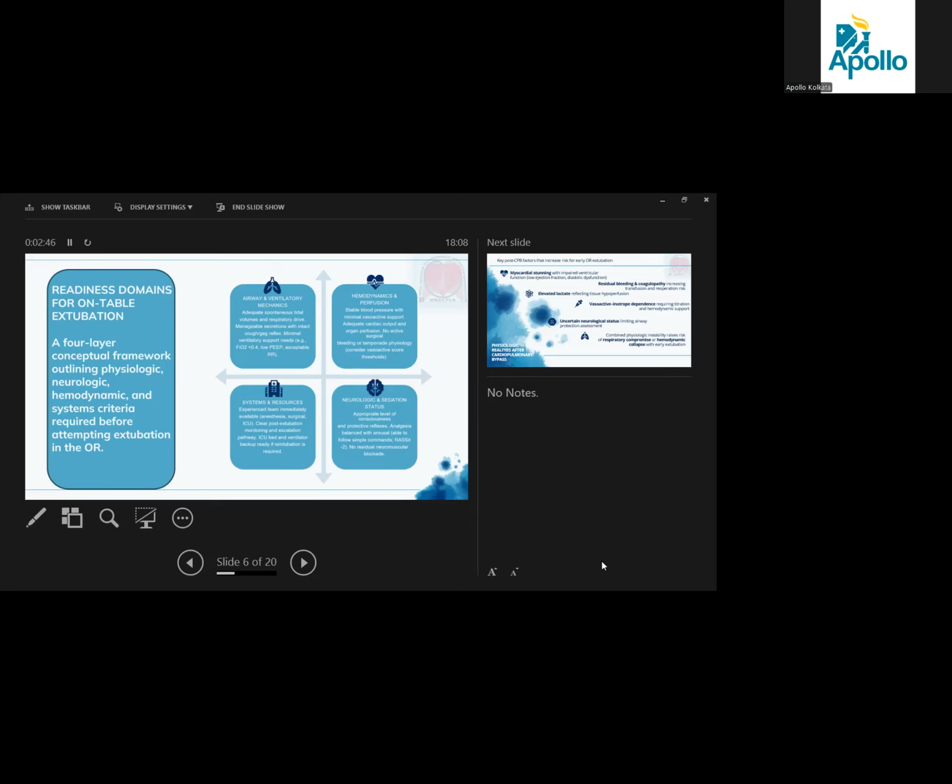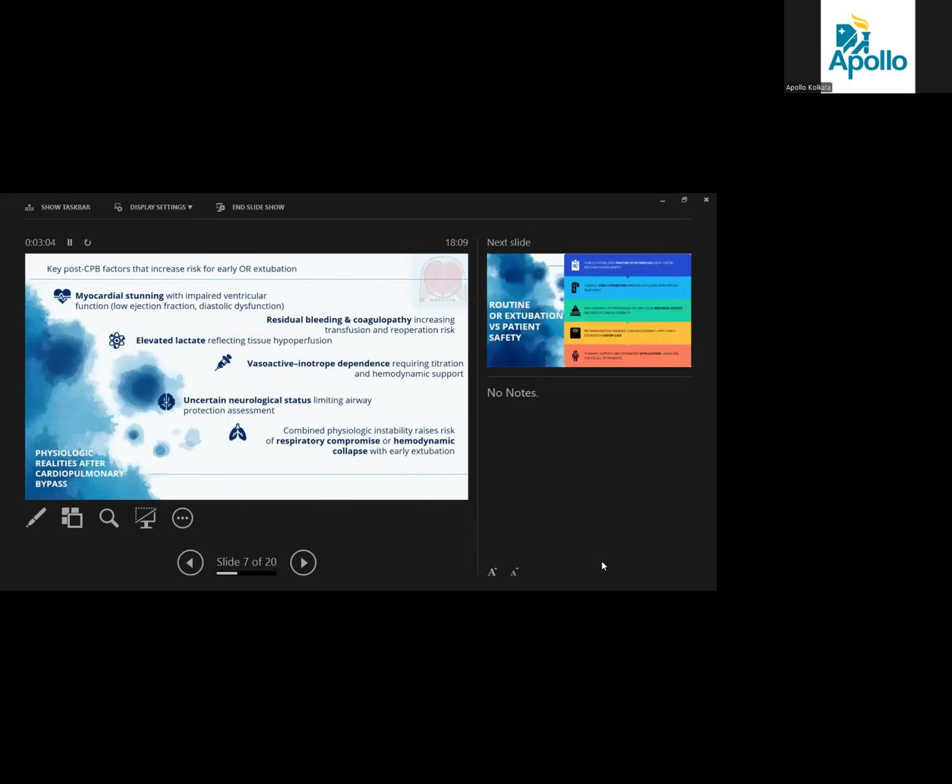Here as well, we need to take a tailor-made approach for the patient; no single routine protocol is to be followed in 2025. Every patient deserves a tailor-made approach to their healthcare in terms of anesthesia, surgical management, or otherwise. And yes, of course, there are key post-CPB factors that we are dealing with that our anesthesia counterparts, the broad specialty anesthesia counterparts, do not deal with.